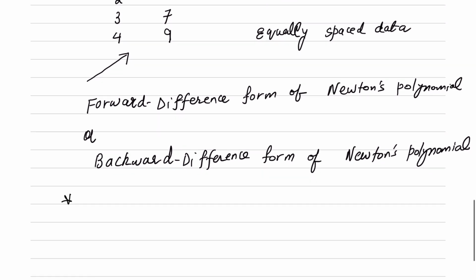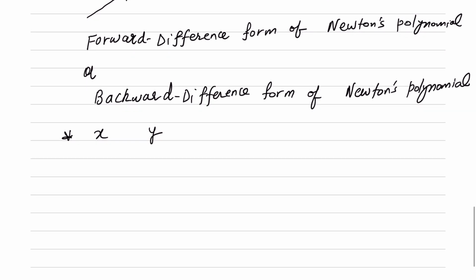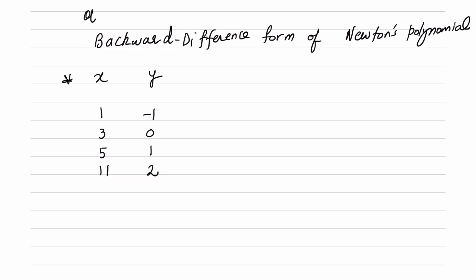But if you have data, let's say in this form, let's check if this data is equally spaced or not. 3 minus 1, 2. 5 minus 3, 2. 11 minus 5, 6. So this data is not equally spaced.